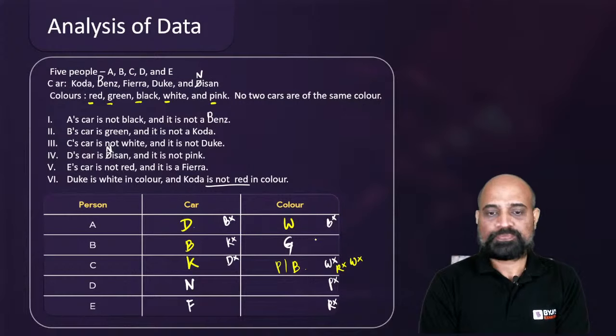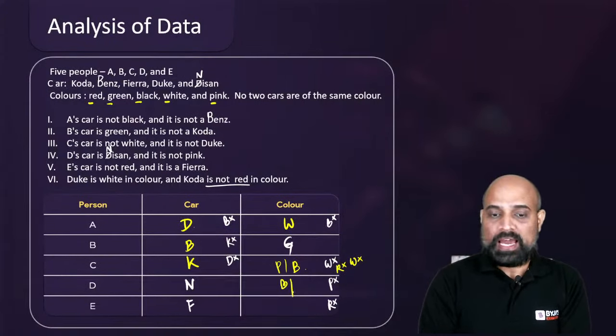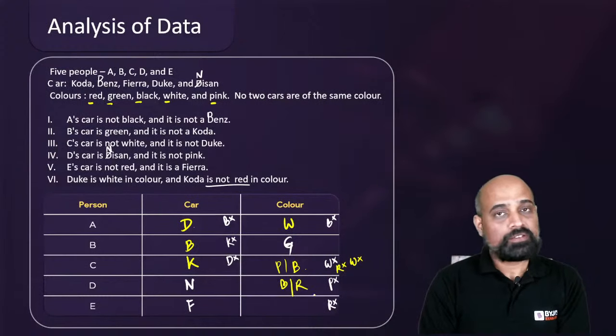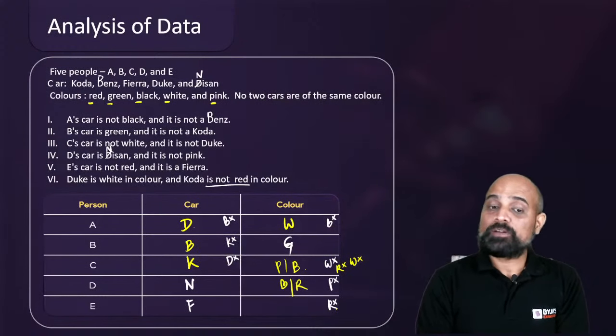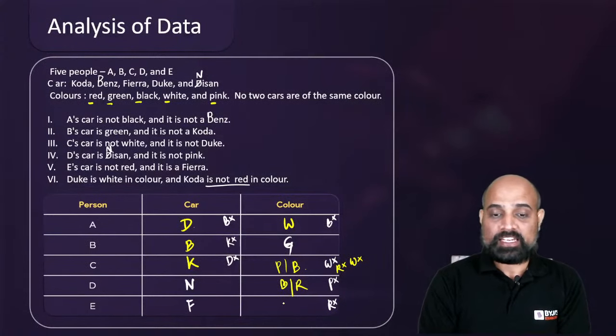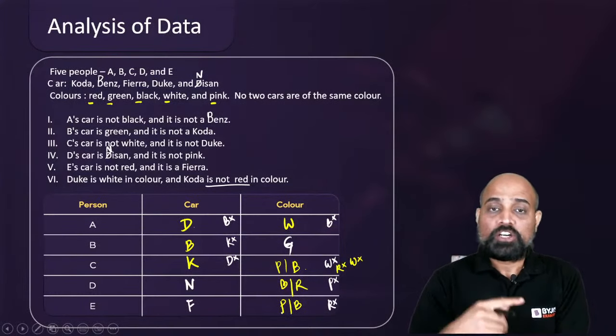Koi ek hoga. Okay. Now, this can't be pink, this can't be white, this can't be green. So it could be black or a red. And this can't be a red. So it can be a pink, blue, depending upon what is asked. So let's do one thing.